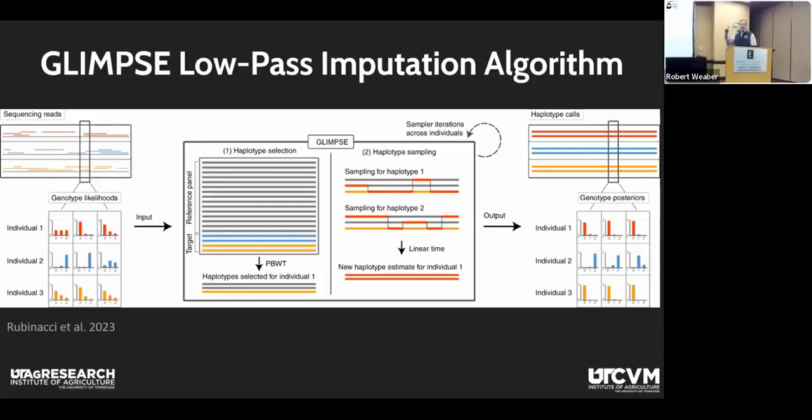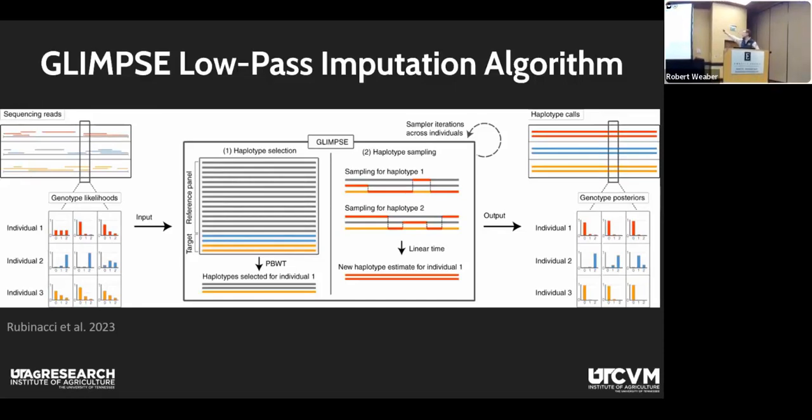And then effectively what happens is haplotype selection and search, utilizing a probabilistic model to assign the most likely reference haplotype. So again, we're going back to this idea of having high coverage animals. What's the most likely reference haplotype given the genotype likelihoods that we have from the animal's low-pass sequencing data?